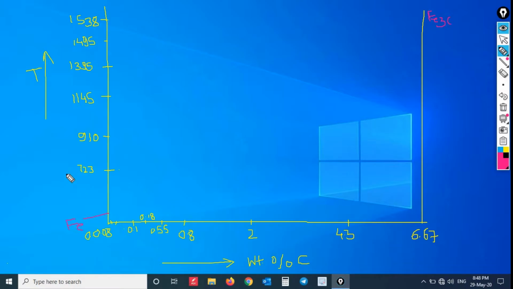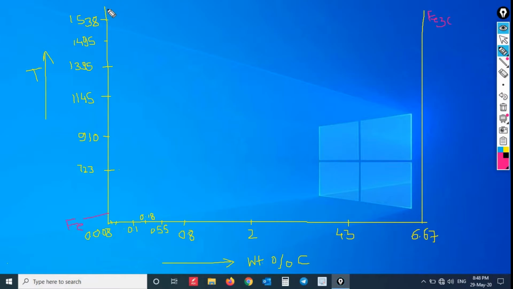On the y-axis we have temperature: 723, in some books given as 727 degrees Celsius, then 910 degrees Celsius, 1145 degrees Celsius, 1395 degrees Celsius, 1495 degrees Celsius and 1538 degrees Celsius. These temperatures and weight percentages of carbon are very important in the iron carbide diagram.